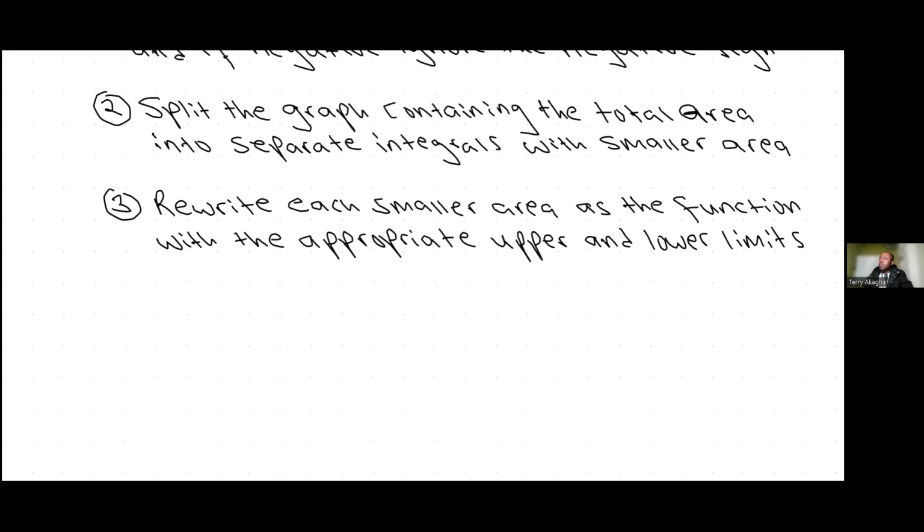Then number 4, after you're done with that, you then solve each smaller area separately using any of the previously stated 5 rules for either above or below the x-axis.